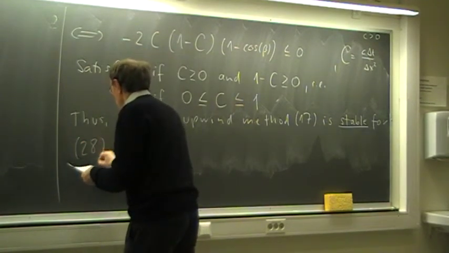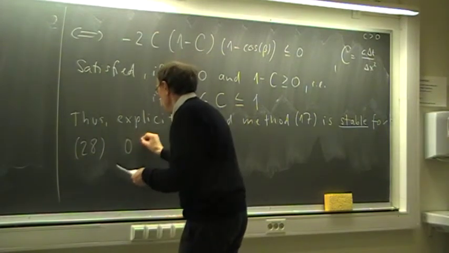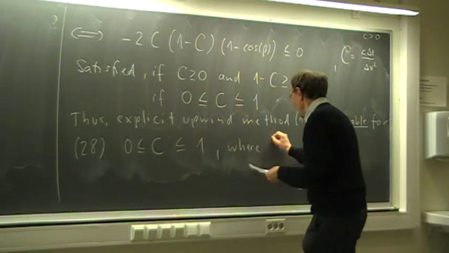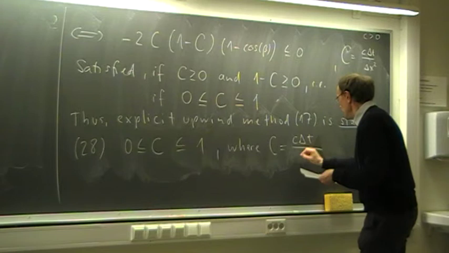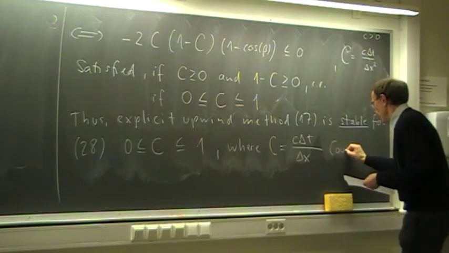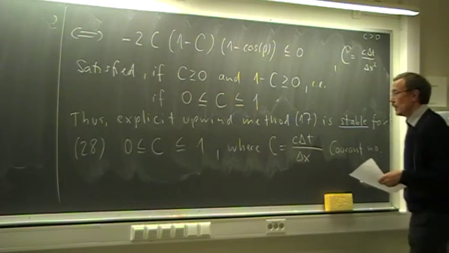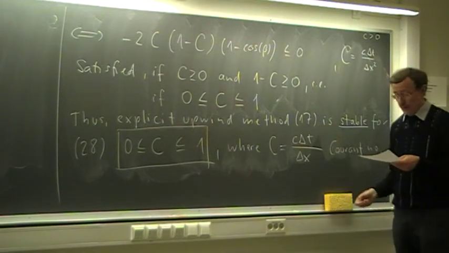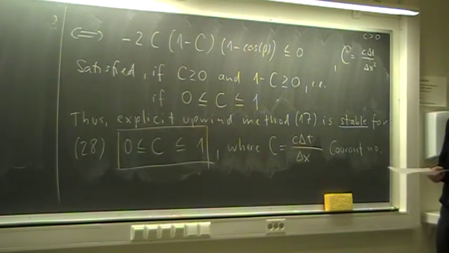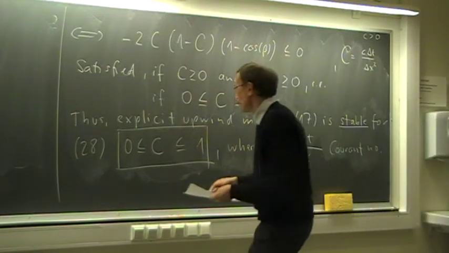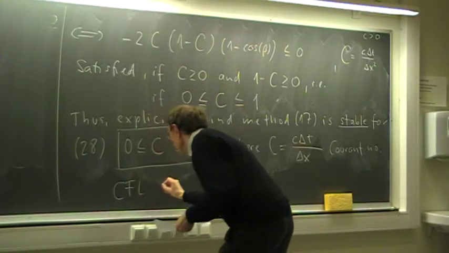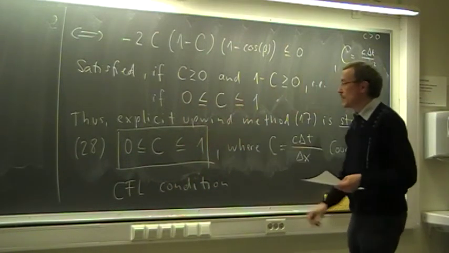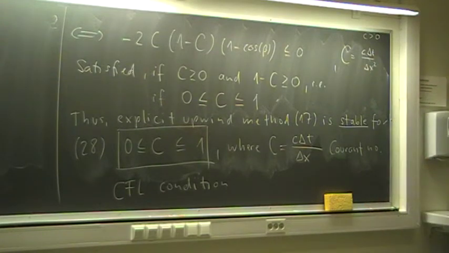We write it again, it's the same as we have here, when the Courant number is between 0 and 1, where c is the advection velocity times delta t divided by delta x, this is the Courant number. And now we have derived it really with this tool. That is the CFL condition. So that means if the CFL condition is satisfied, then the explicit upwind method is stable.